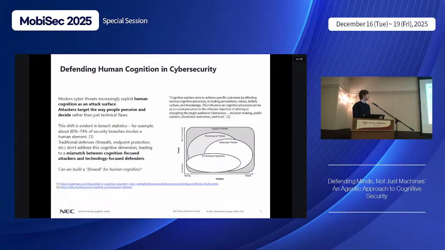Traditional defenses such as firewalls, antivirus, and endpoint systems don't address this cognitive dimension, leading to a mismatch between cognition-focused attackers and technology-focused defenders. So the question that we wanted to ask ourselves was, could we build some kind of firewall for human cognition?